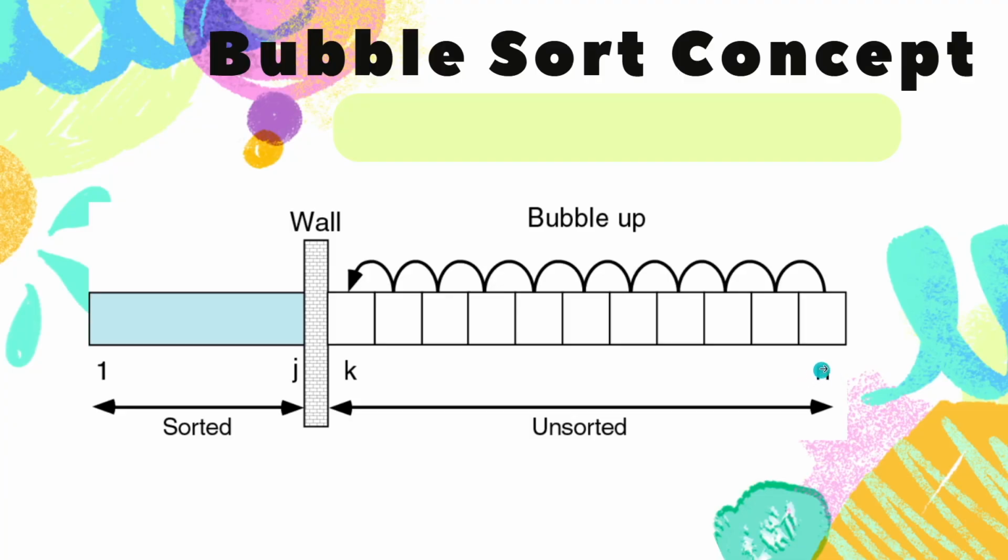During the first iteration, we start our scan from the end of the array. I compare the last element and the last but one element to check whether the element at the successive position is smaller than the element at the preceding position.